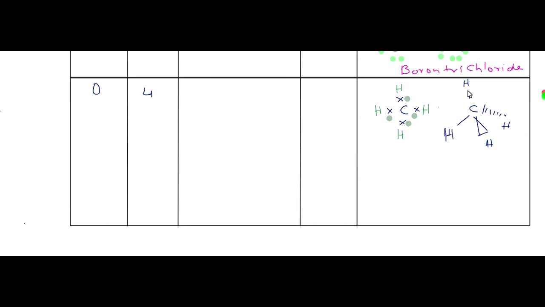The examiners don't care, okay? It's just that one bond should have a triangle and one bond should be a dotted line. Why? Because you want to show the examiners that you know this is a three-dimensional molecule. So it's not just arranged in one plane in the y-axis or x-axis. It's also arranged diagonally in the z-axis.